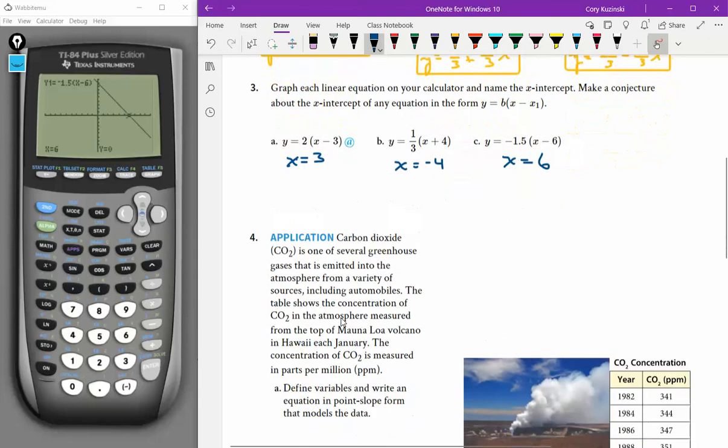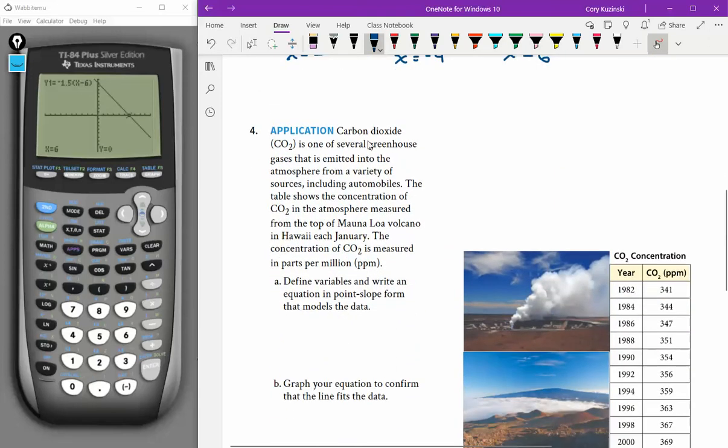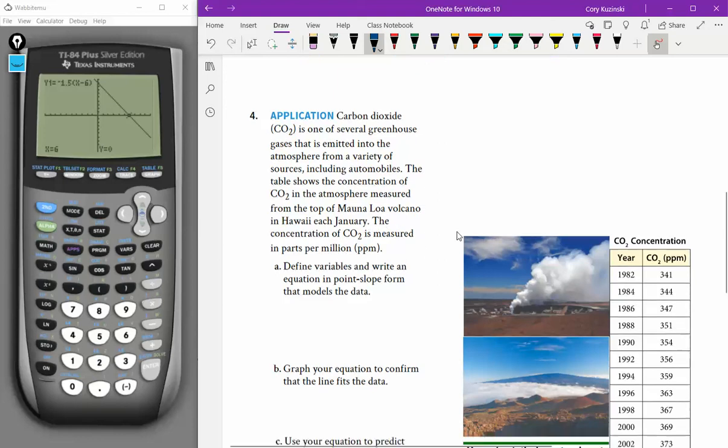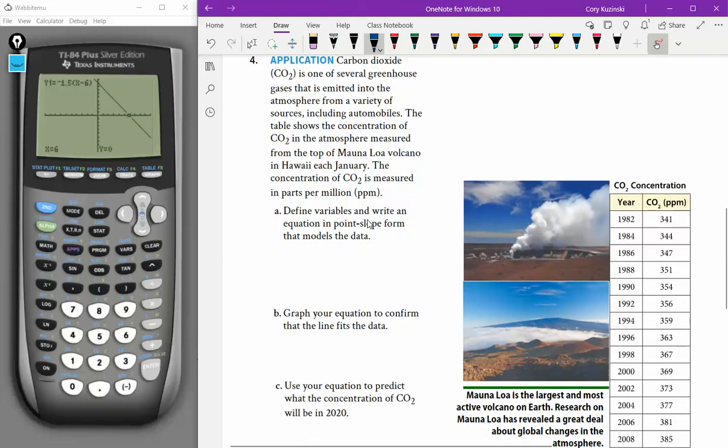All right. Then we've got carbon dioxide. It's a greenhouse gas emitted into the atmosphere from a variety of sources. We're measuring the CO2 in the atmosphere atop Mauna Loa volcano in Hawaii each January. Okay, so we're going to define variables.